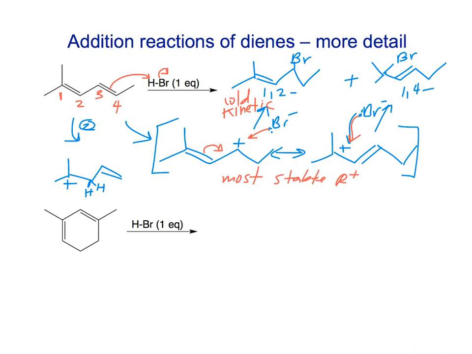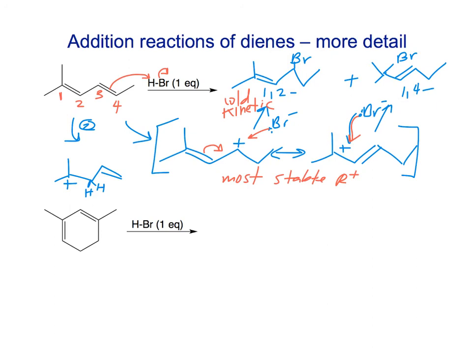All right, so now, which of these 2 products is going to be formed as the major product at a warm temperature? Yeah, it's still going to be the same product.